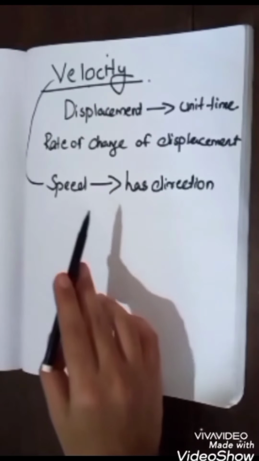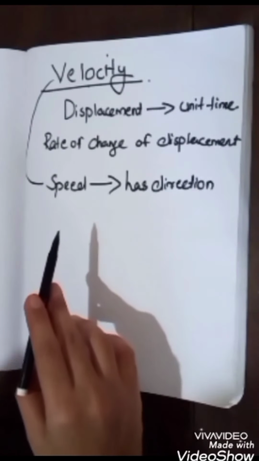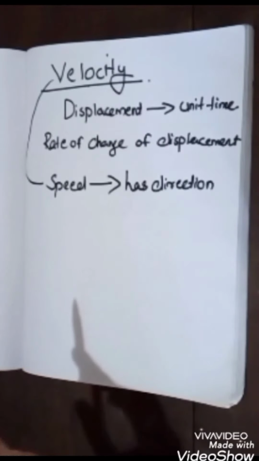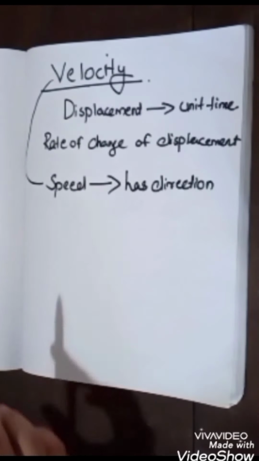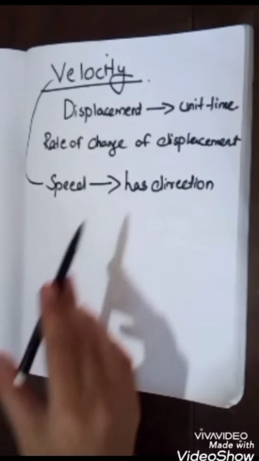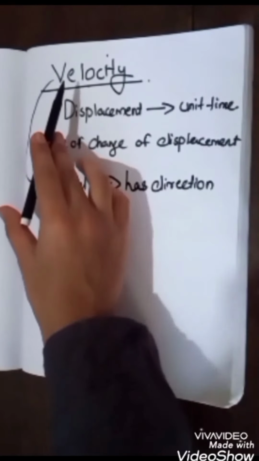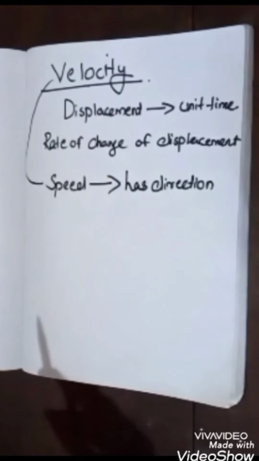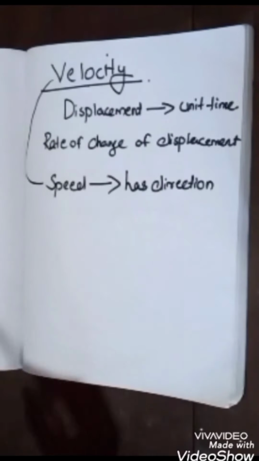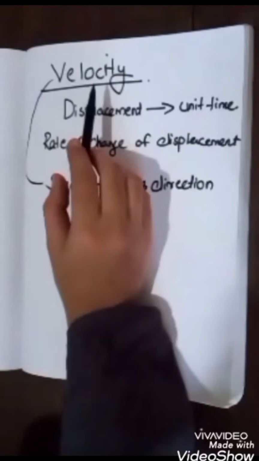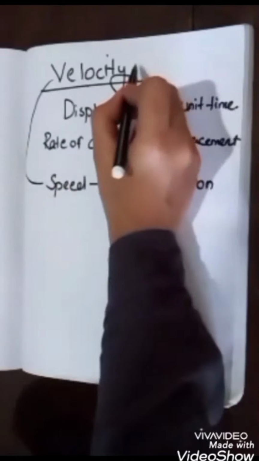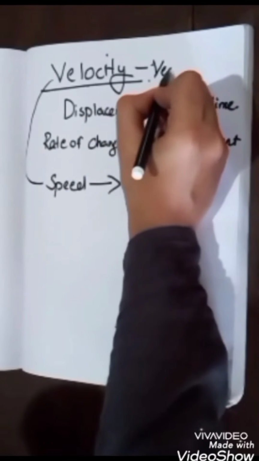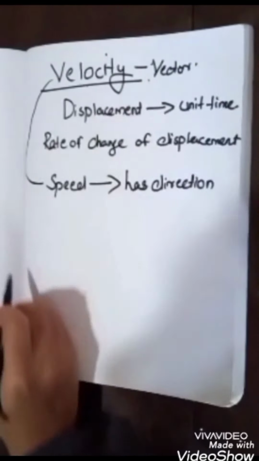We know speed has no direction, only magnitude; that is, speed is a scalar quantity. If the speed has a direction, then we call it velocity. That is, velocity has both direction and magnitude. So, velocity is a vector quantity.